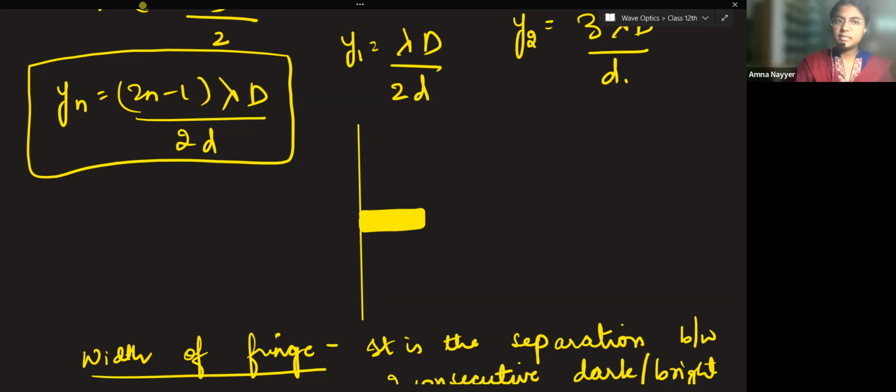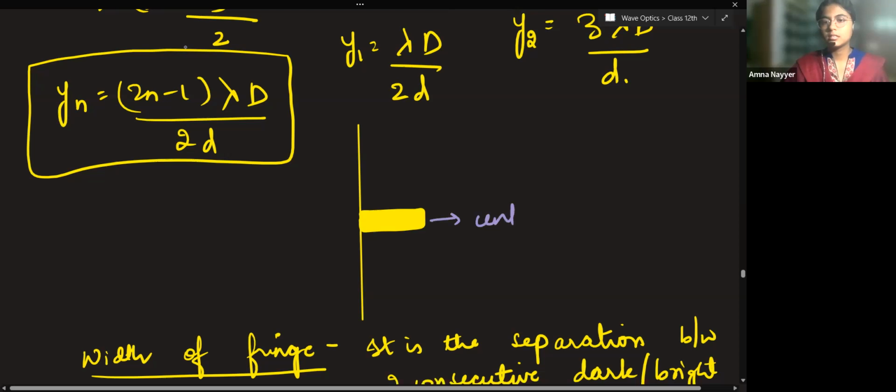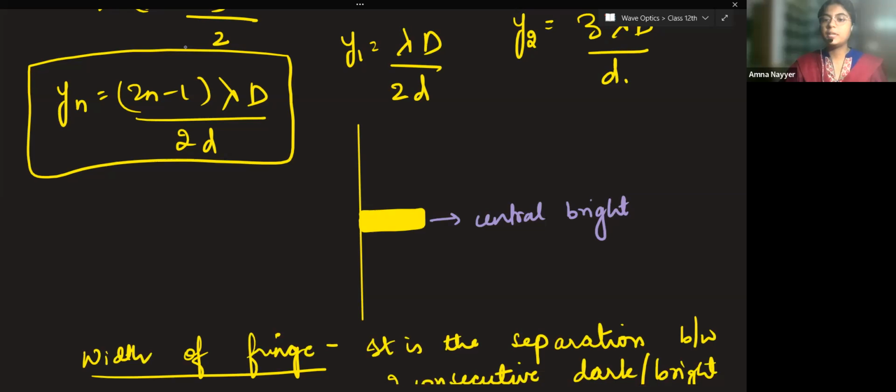Fine, this is known as the central bright fringe. Please understand the physical significance because this has a physical significance. It means the linear separation from the central bright fringe right now is what? Nothing. So this will become 0. Fine, yn will become 0, central bright fringe.